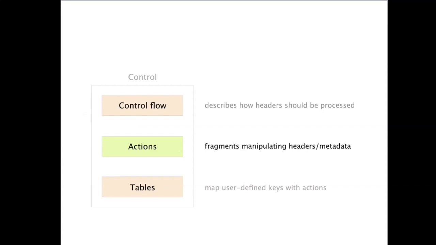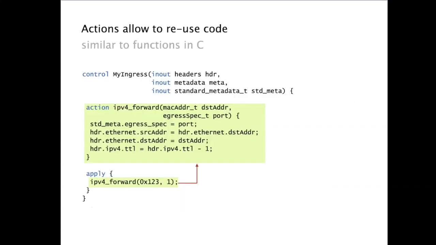In the control flow, you can do actions, of course. It's actually a good practice, I think, to try to isolate and write modular code in general. It's always a good practice. So it's good to group together the actions that semantically go together, like for instance, here, IPv4 forward. Instead of having all this blob of instructions in an apply statement, it's better to extract it and create a kind of method, if you want, which is in this case IPv4 forward, that takes 2 parameters, a MAC address and a port, and then performs the same action as before.